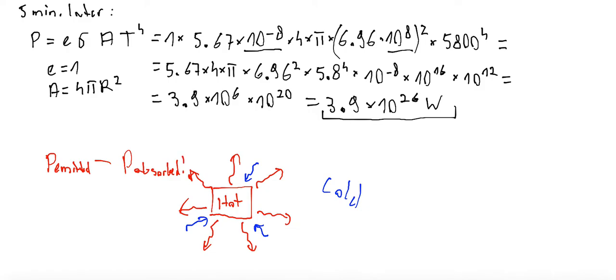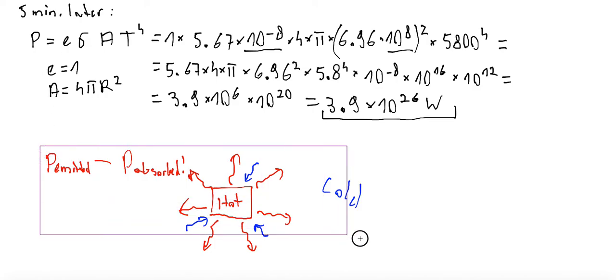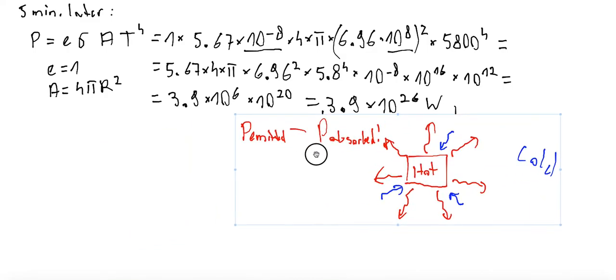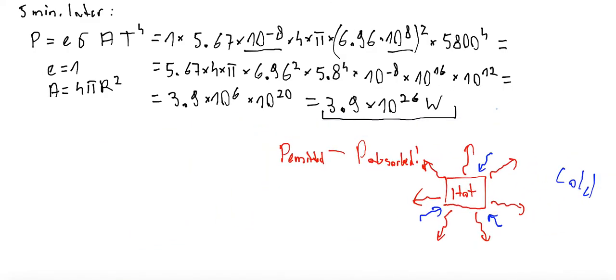So finally, in the situation when the object is placed in surroundings, you can calculate power by using a double Stefan-Boltzmann law.